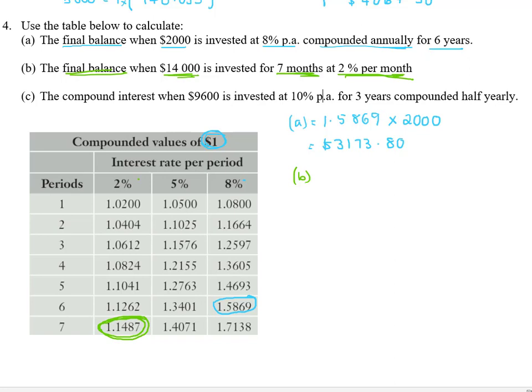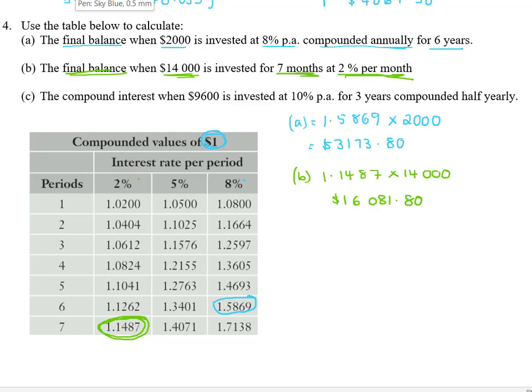So now what I have is that my $1 is worth 1.487 after 7 time periods, but I have invested $14,000. So I'm going to multiply by 14,000. And what I'm going to get is $16,081.80.